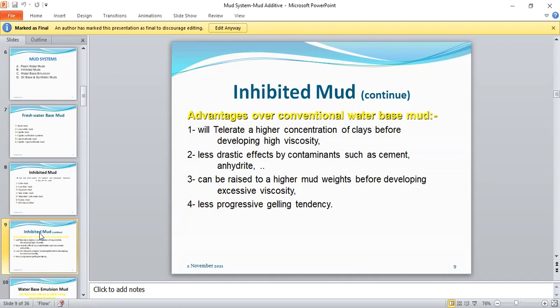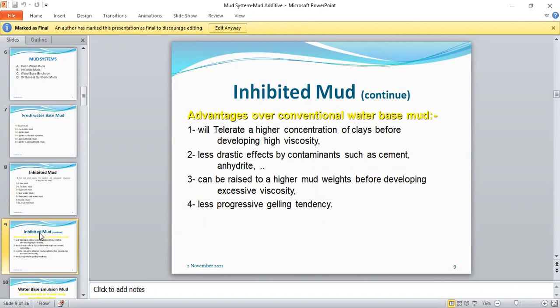If you just have water and a viscosifier, let's say bentonite, we are saying that these inhibited mud systems can tolerate a higher percentage of clay before they begin to have problems. They can tolerate a higher concentration of solids before the viscosity becomes too high and causes problems.